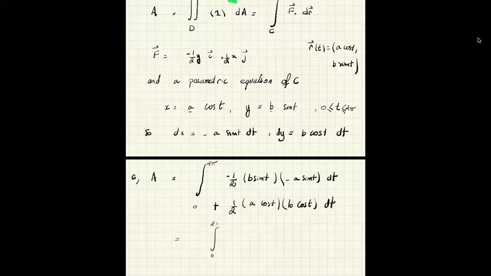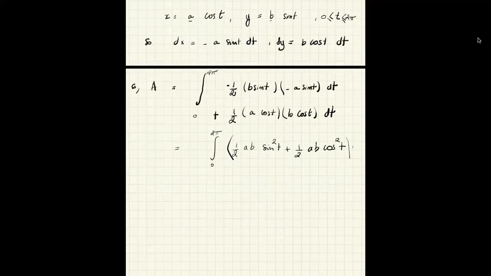It's from 0 to 2 pi, 1/2 ab sine squared plus 1/2 ab cos squared dt, which is equal to the integral from 0 to 2 pi of 1/2 ab, which is 1/2 2 pi, which is ab times pi. Okay, so the area of an ellipse is ab pi.